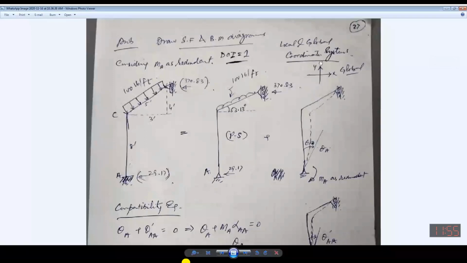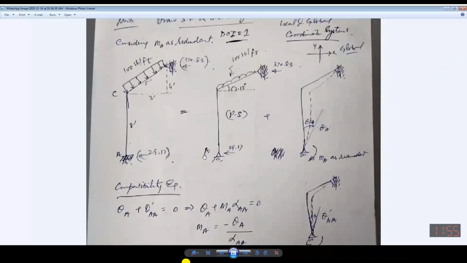Now it can be subdivided into the primary structure plus the structure with the redundant force. This is the primary structure, and you can see that with the application of this moment as the redundant force, it will render this fixed support into a hinge support.